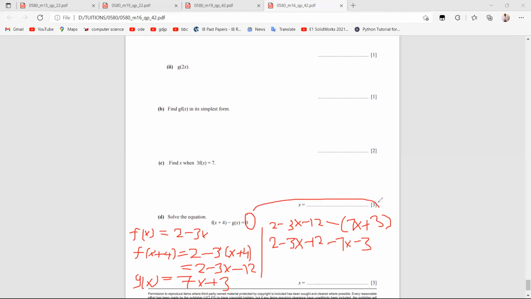So I'll just bring my 0 to the end of my equation. So now we have 2 minus 12 minus 3. 2 minus 12 minus 3 in the calculator, I get negative 13. So negative 13. And then I have like terms, negative 3x, negative 7x. So I'll have negative 10x, okay?